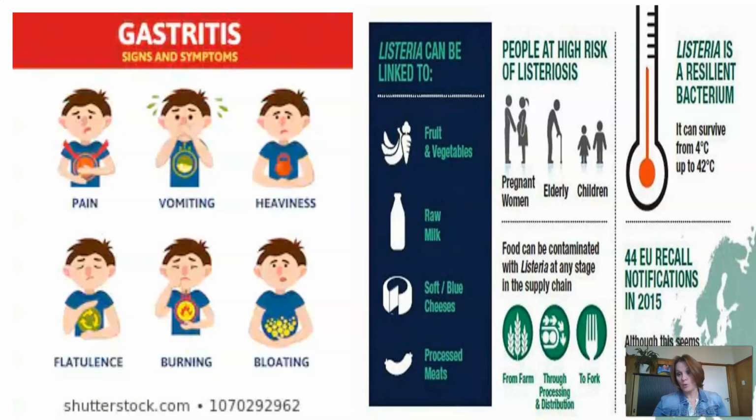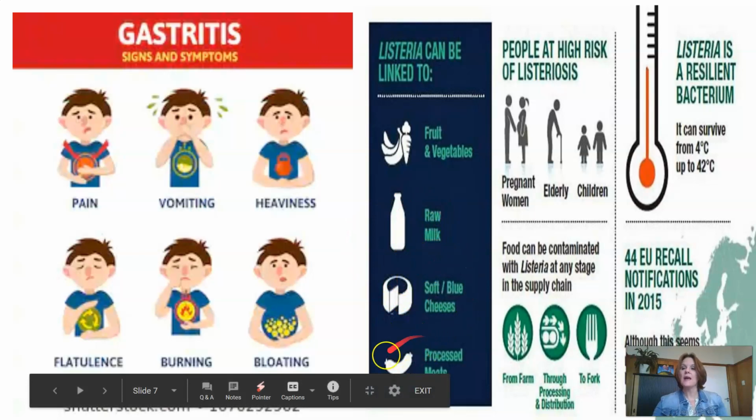Another microbe or bacteria that we know about that's been in the news headlines in South Africa in the last year is the Listeria microbe. Now, the Listeria microbe can be found on fruit and vegetables, in raw milk. It can be found in certain cheeses, as well as in certain processed food.